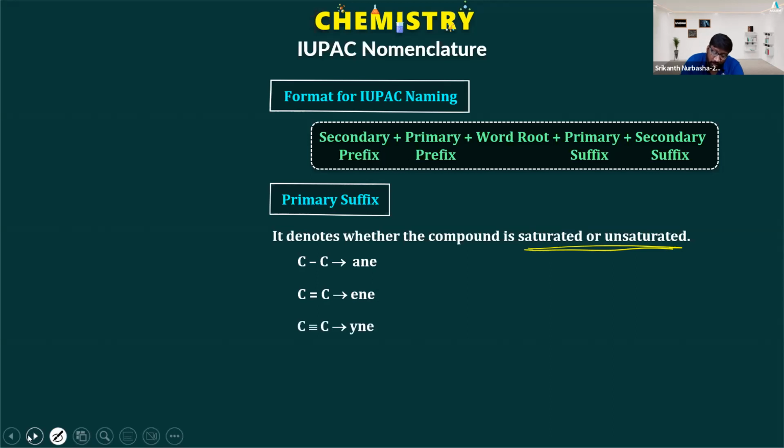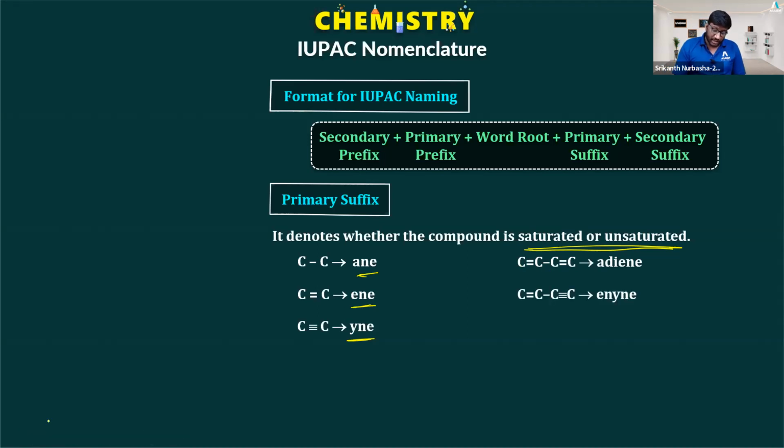Carbon-carbon triple bond means yne. So ane, ene, yne are the primary suffixes you have to use for different types of carbon-carbon linkages. Like C double bond C, adiene, enyne, and so on.